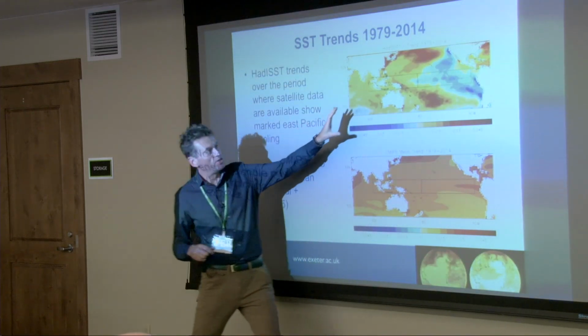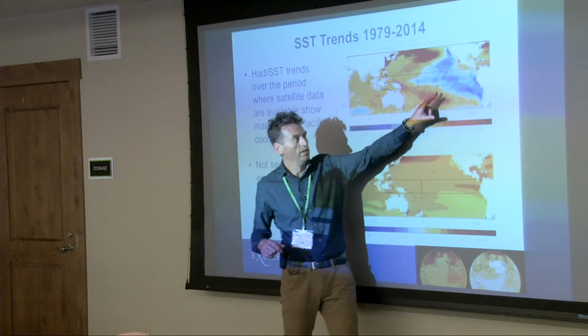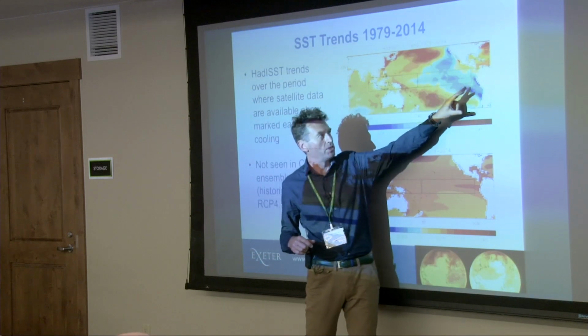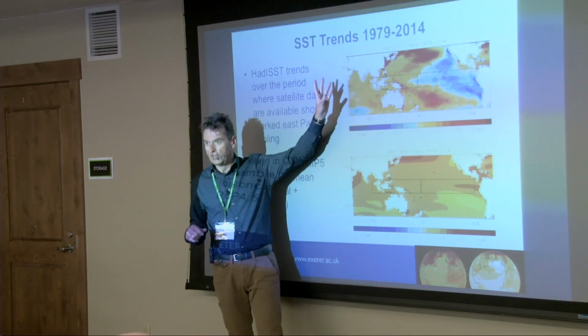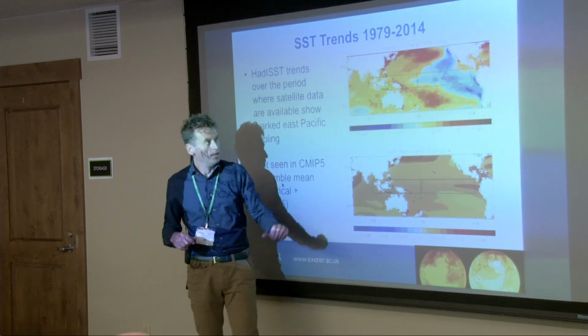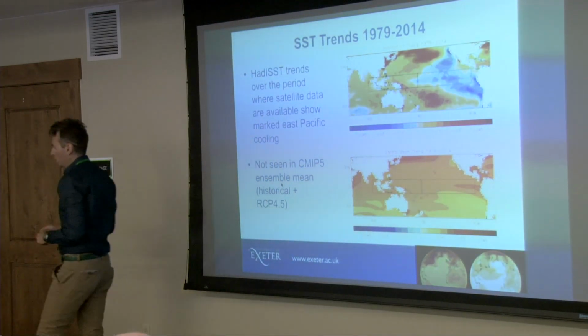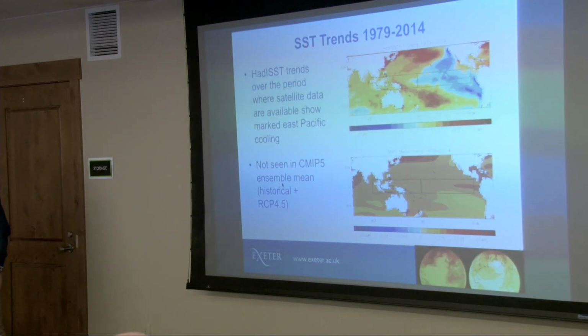So a very simple way of quantifying this is to say, well, we'll have a box here, running from about 10 south to 10 north in this East Pacific region, and a box here in this warm pool, Indian Ocean type region, and do one minus the other and plot a time series. So this tells us something about the east-west gradient.